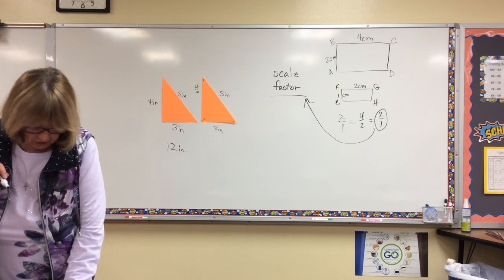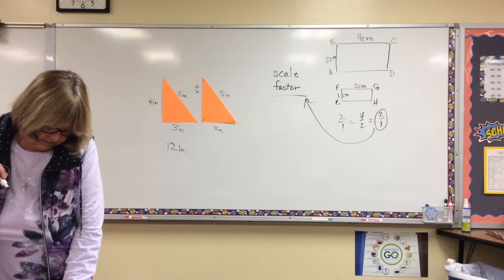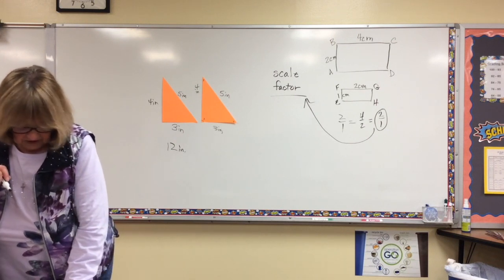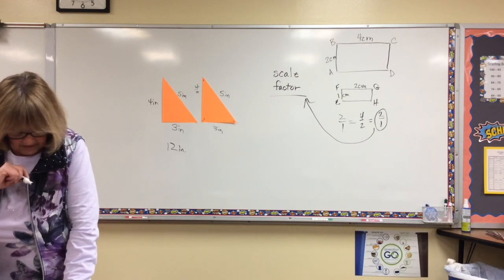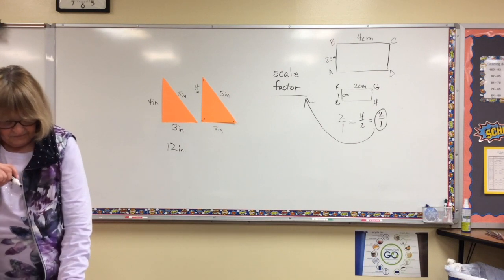So which is the shortest side of PQR? Well, line segment PQ is the longest side, we compare RQ and RP, I would say RQ is the shortest, so it would match up with the shortest one, which is AB.